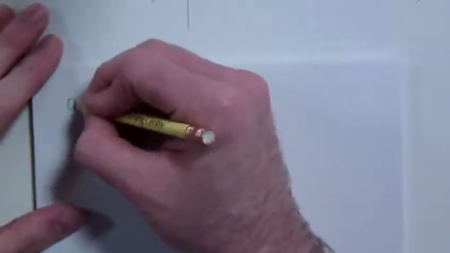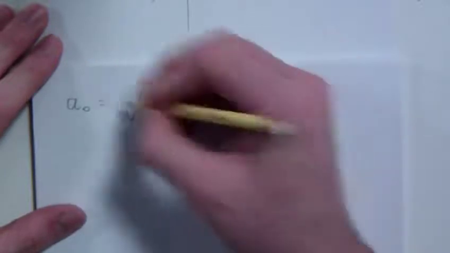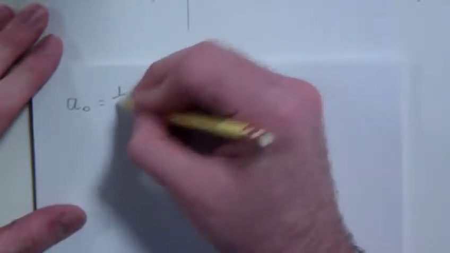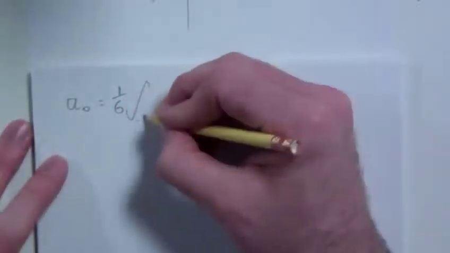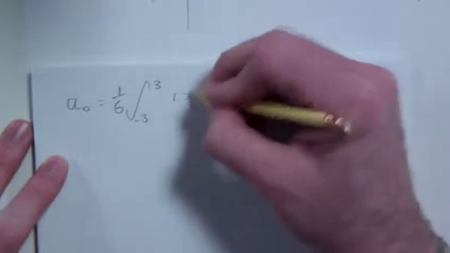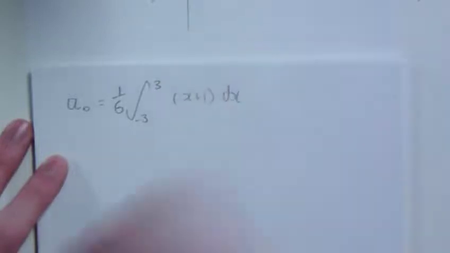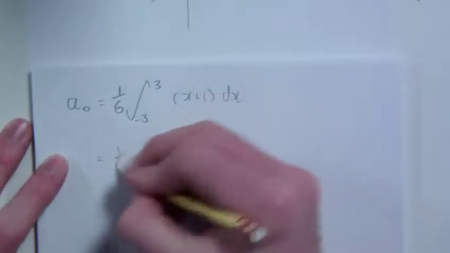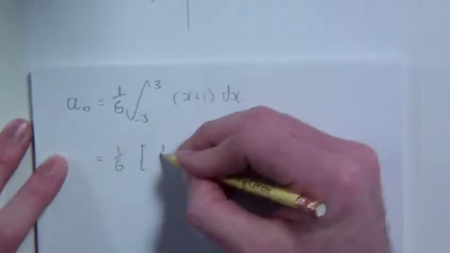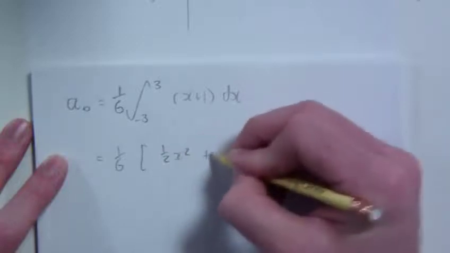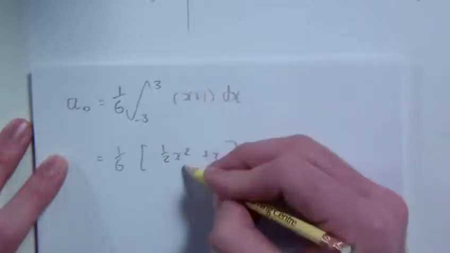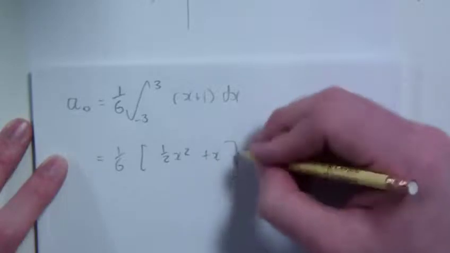So my A0 is the integral. Now let's see, it's 1 over 2L, so 1 over 6 in that case, from minus 3 to 3 of my function dx. Okay, so x goes up to half of x squared, 1 goes up to x, from minus 3 to 3.